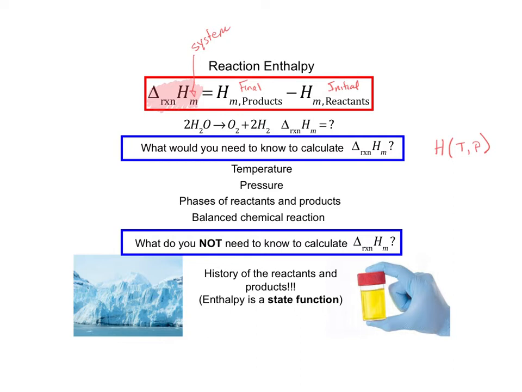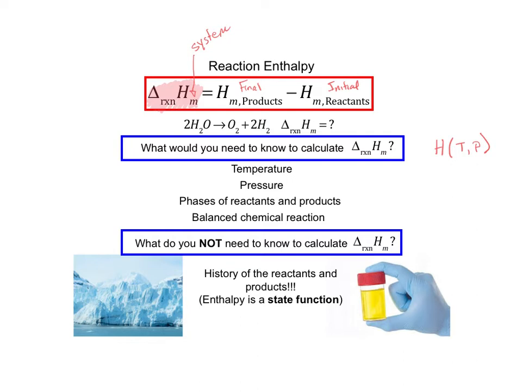We also know that the phase, so solid, liquid, or gas, is important in figuring out the energy or the enthalpy of these species. So we'd need to know solids, liquids, gases. And we need to know the balanced chemical reaction because we'd have to know the moles and the atoms involved to be able to figure out what is changing.